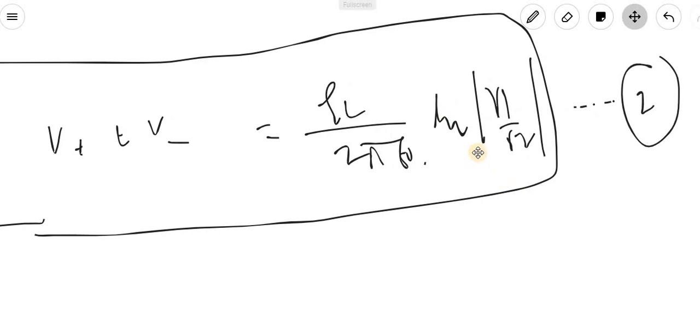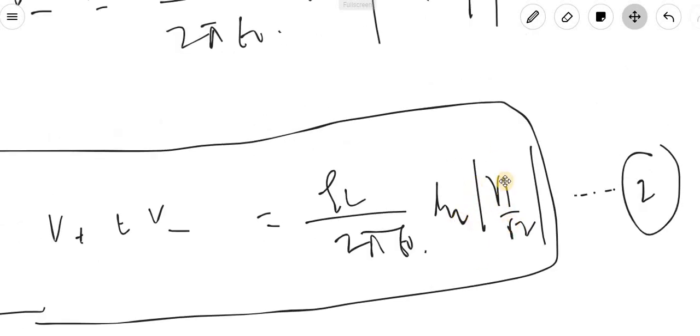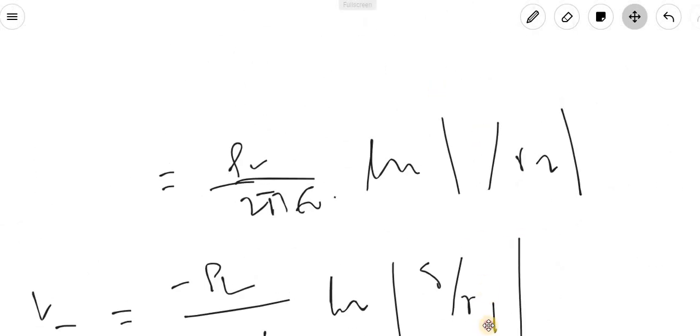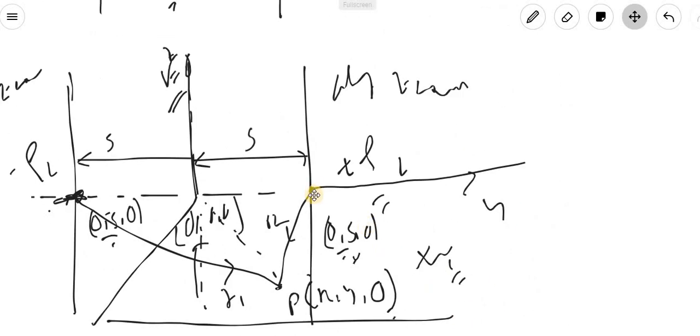You have to remember R1 and R2. R1 is calculated from the position of this conductor and R2 from the position of that conductor, to the particular position P. It is the radial, perpendicular direct distance.